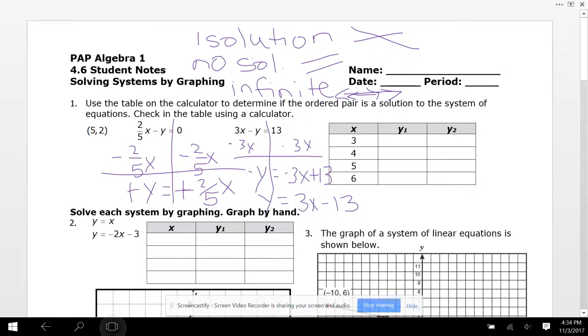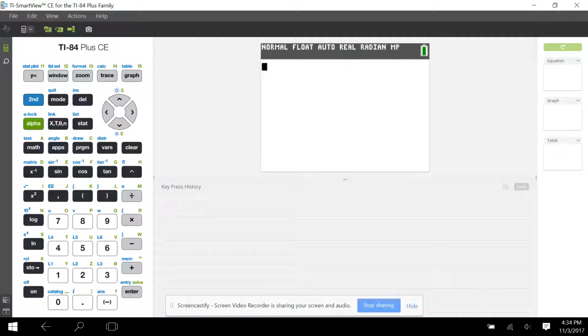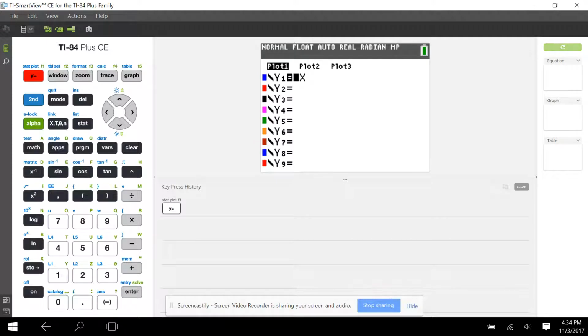Okay, so I'm going to go to my calculator. This is what the front of your calculator looks like in your little screen. So let's go to our y equals. So push y equals. Clear out if there's something in there.